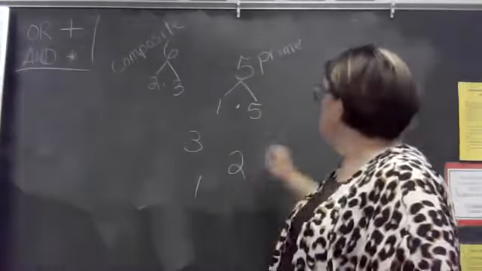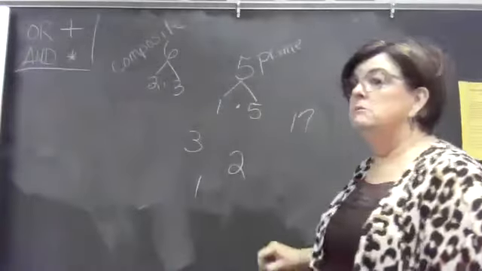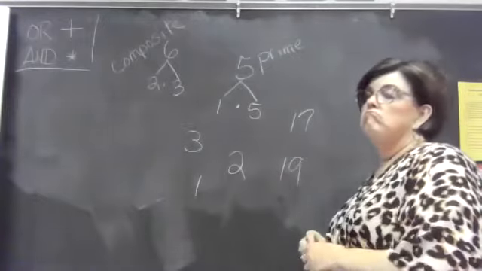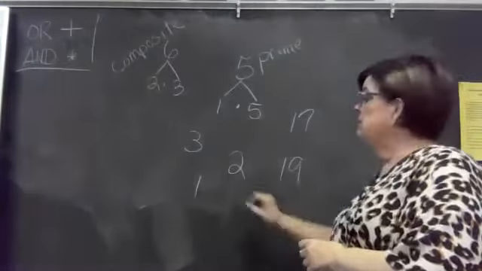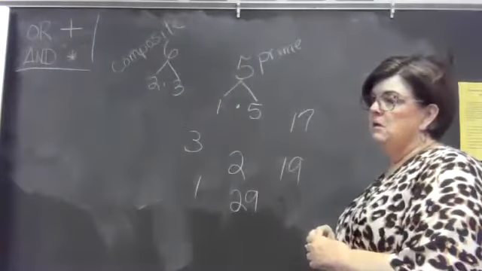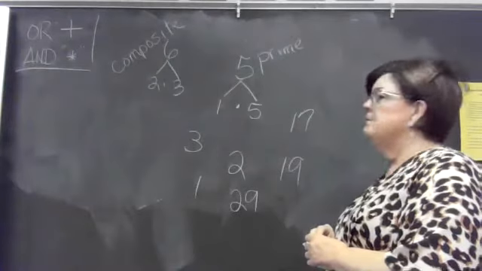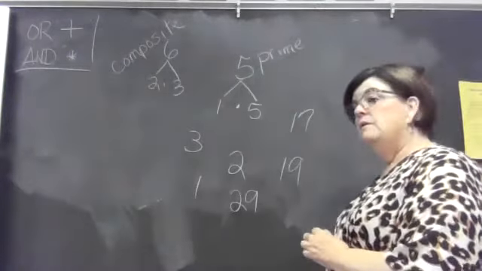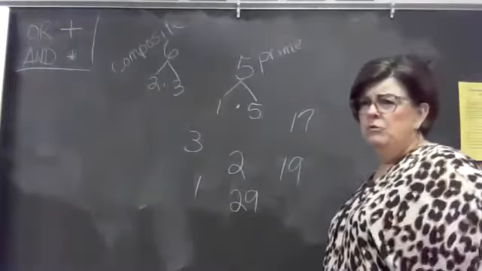We can have like 17, 19, 29, 11. I think 57, nope. 57 will divide by 3. Maybe 59. Do you understand what they are now?